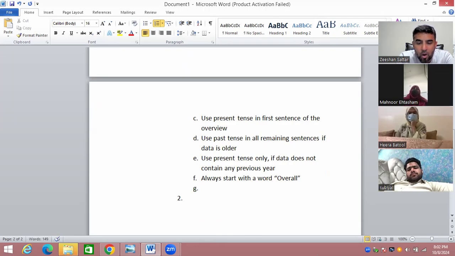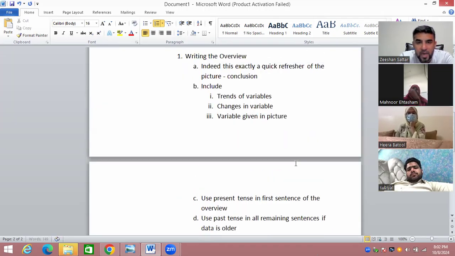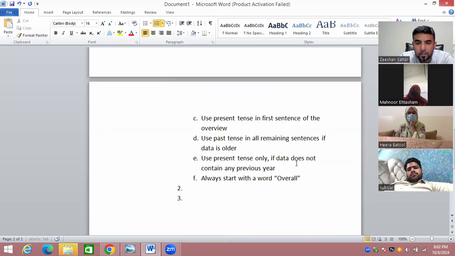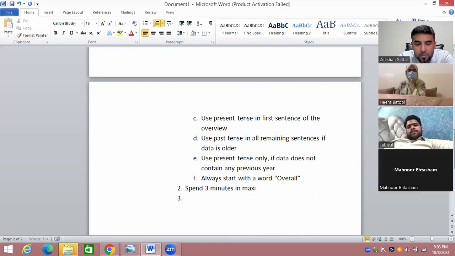We should spend 3 minutes at maximum on the overview. A smart overview of normal length reaches up to 45 words.